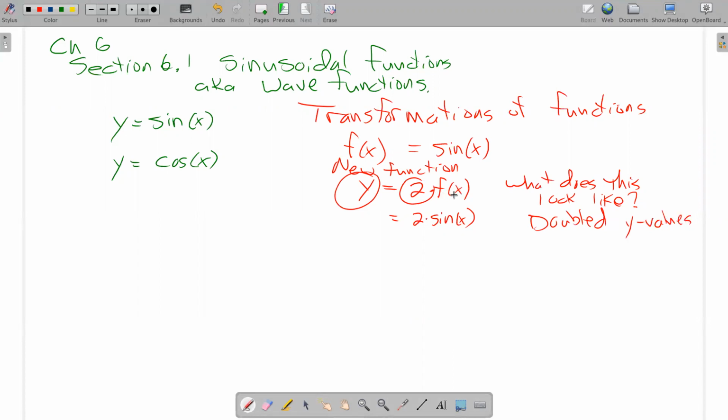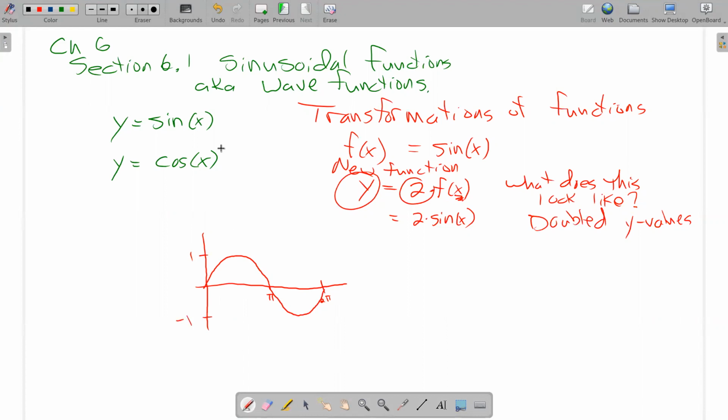Now, I didn't do anything in here with x, so the x's should stay just like they were, but the y's should all double. Originally, that's 2 pi there, pi is right in the middle. My sine function went up and down and down and up, and it peaked at 1 and it bottomed out at -1.